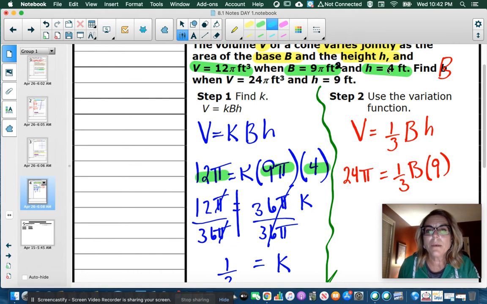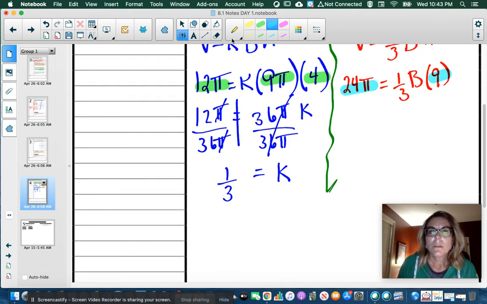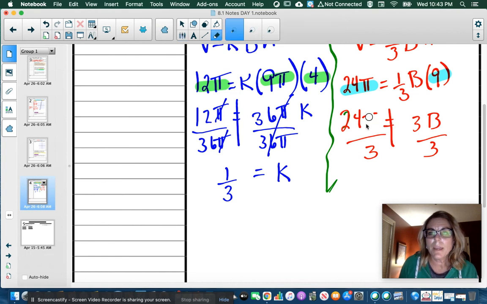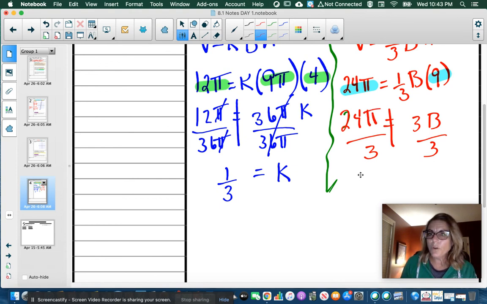We just grabbed this and this, and we plugged them in. Now we have 24 pi is equal to, well, 1/3 times 9, that's 3, times B. And we're solving for B, so divide both sides by 3. 24 divided by 3 is 8 pi.